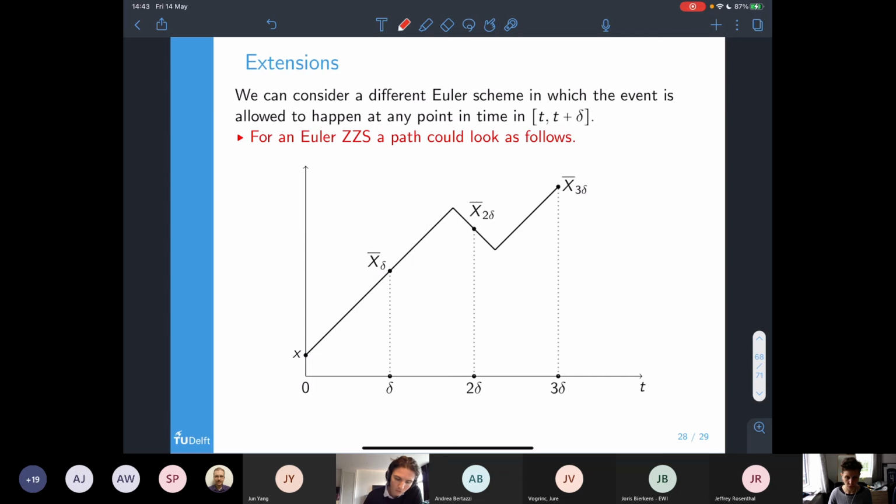Because in principle, this is also a perfectly reasonable choice. And in this case, I've shown a zigzag-like Euler approximation, and we see that here we have an event that's in between this time interval, and here we have another one. So this would be sort of how it would look like.